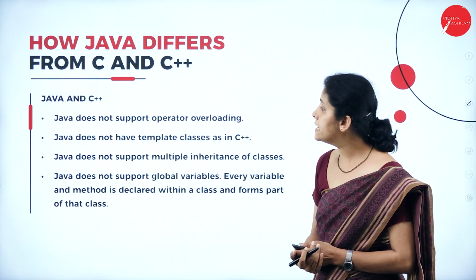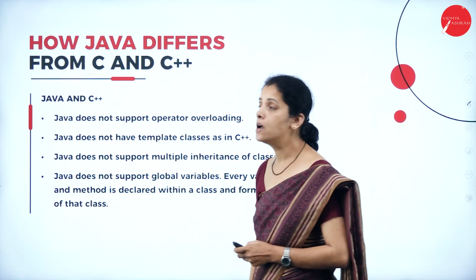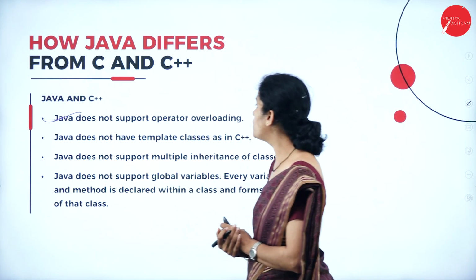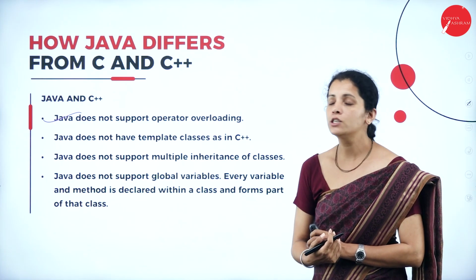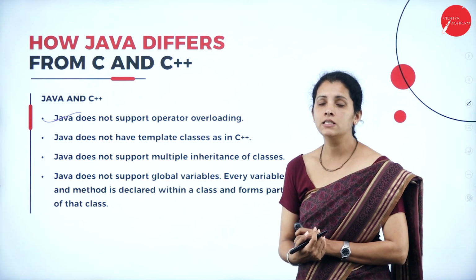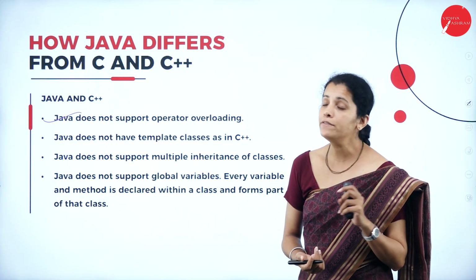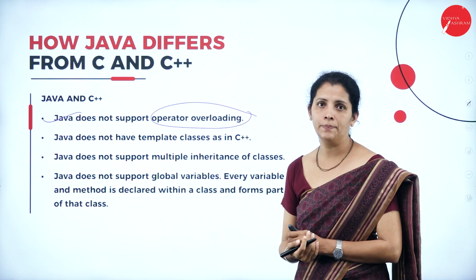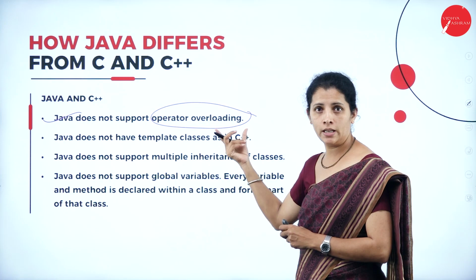Now, let's see some of the differences between Java and C++. Here, Java does not support operator overloading. So, dear student, if I consider the C++ programming language, then we have the concept called operator overloading. What is the meaning of operator overloading?